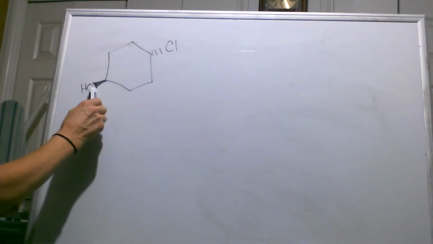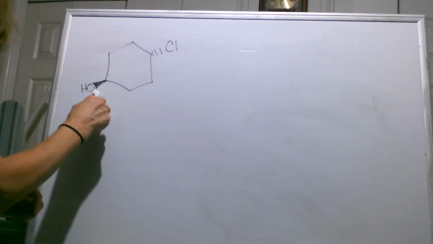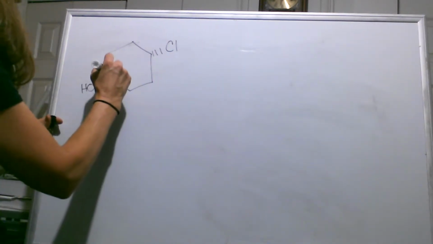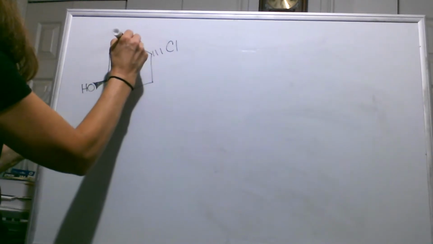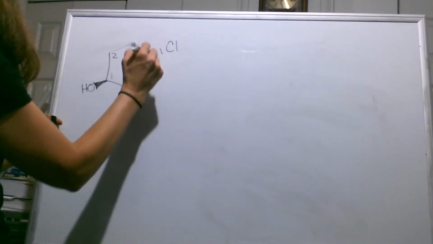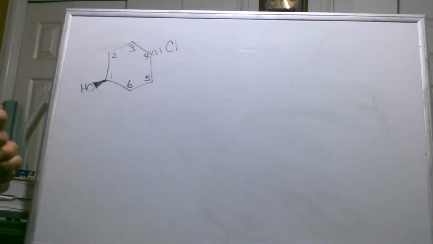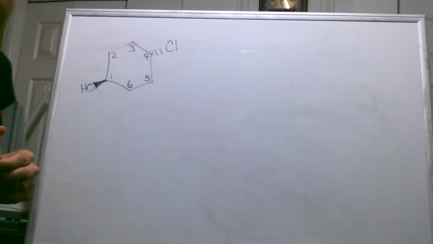So, in other words, the OH group should have a lower carbon number than does a halogen. So in order to number this correctly, the OH really should be on carbon 1, and the chloro, or the chlorine, should be on carbon 4.